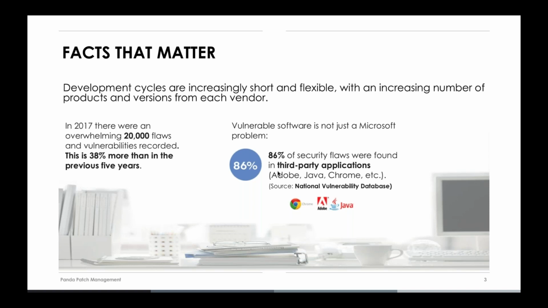In fact, third-party applications have become a lot more common targets for attackers. And as we see here, this is from the National Vulnerability Database: 86% of the security flaws that were found were in third-party applications, things like Adobe and Java and Chrome and so on.